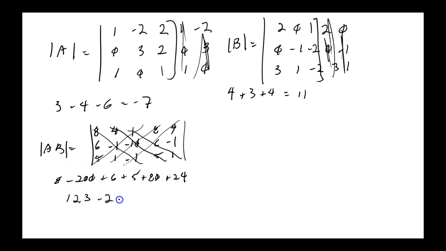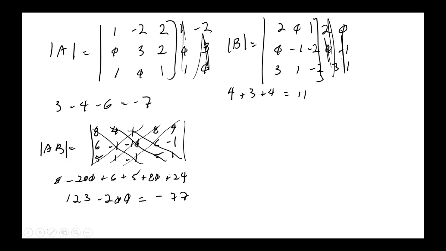Minus 200, yep, that gives you negative 77. Well, guess what? If you multiply the determinant of the first times the determinant of the second, you get a negative 77, and the determinant of the products is negative 77.